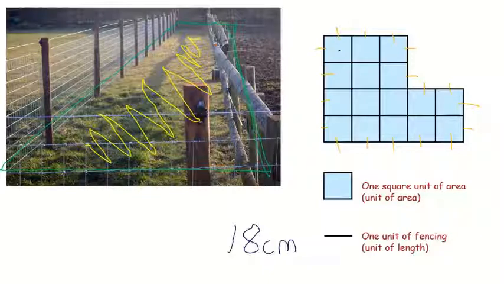It would be 1, 2, 3, 4, 5, 6, 7, 8, 9, 10, 11, 12, 13, 14, 15, 16. So here we have the area as being 16, apologies for that, centimeters squared, because that is the area encompassed by the shape.